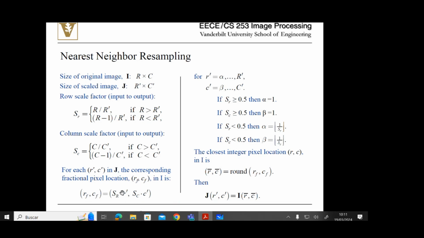You have R prime, C prime, the output space. You multiply by a scaling factor. Then you have a fractional coordinate in the input, and you have to round. Then the output at the location R prime, C prime is taken from the input at the rounded location.